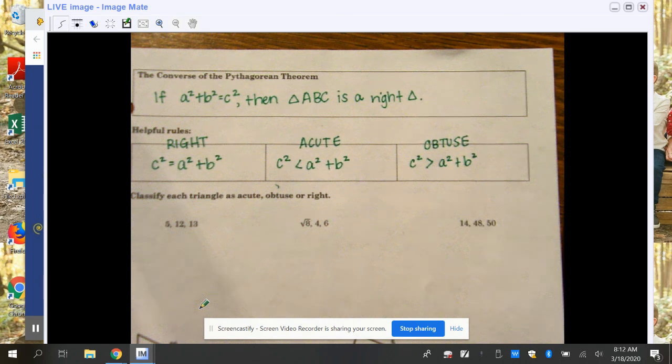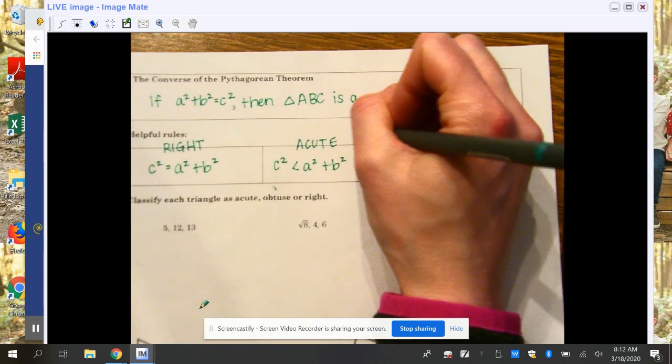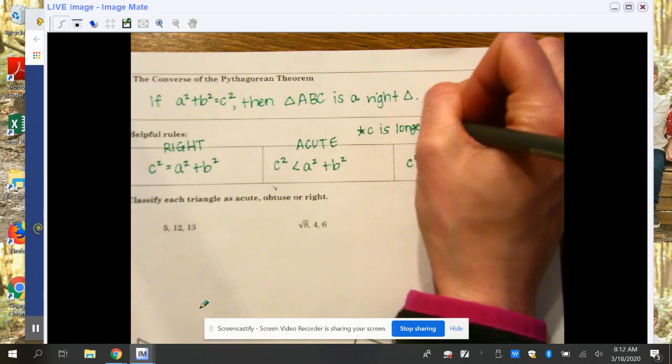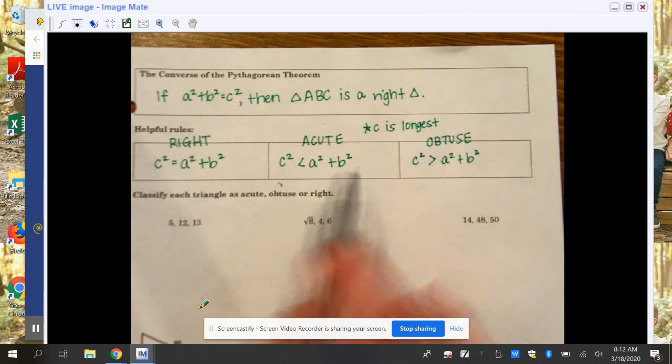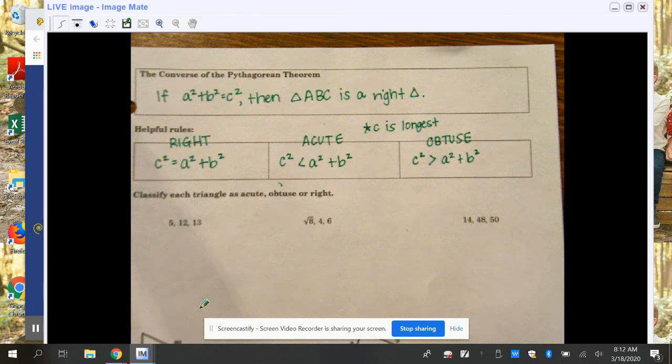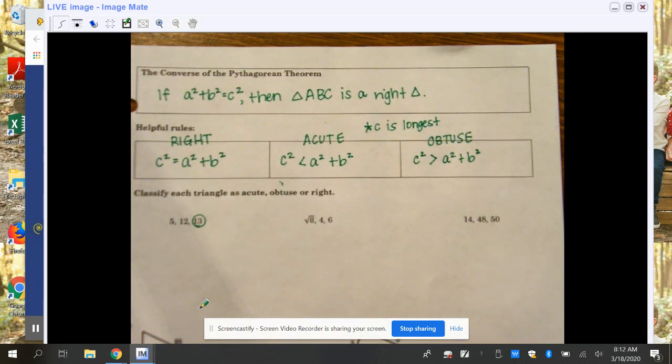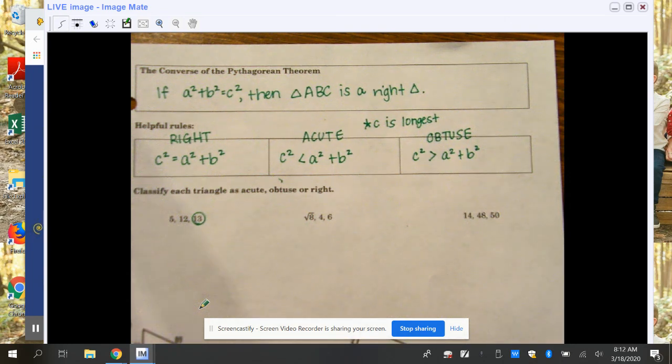So what we're going to do in all of these is first identify what the longest side is, because that's always going to be C. And then we'll figure out the relationship between c squared and a squared plus b squared. So for example, in this one, 13 is going to be the longest. You might not know what radical 8 is off the top of your head.